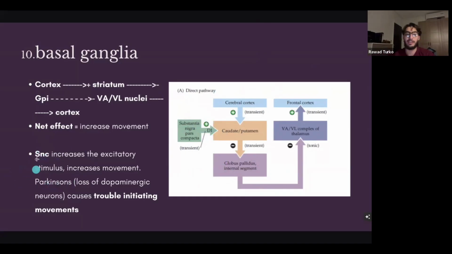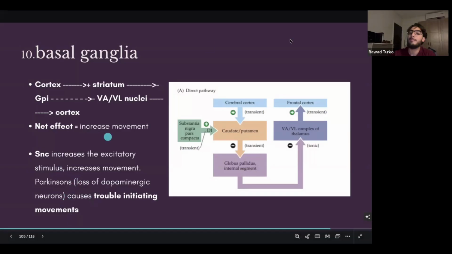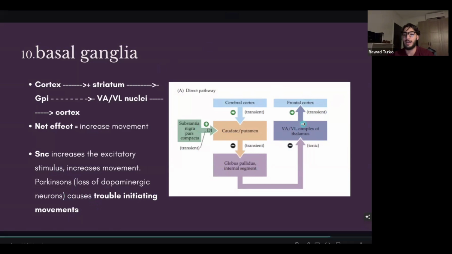Again, what did we say? The substantia nigra pars compacta increases the excitatory stimulus, which increases movement. Now, Parkinson's disease, which is defined as the loss of dopaminergic neurons, causes trouble initiating movements because you're not able to activate the direct pathway and lead to the disinhibition of the VA-VL complex.